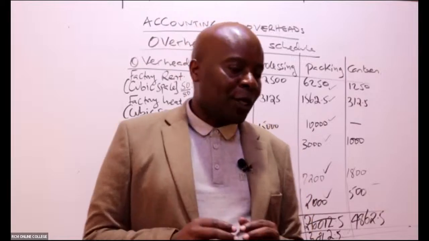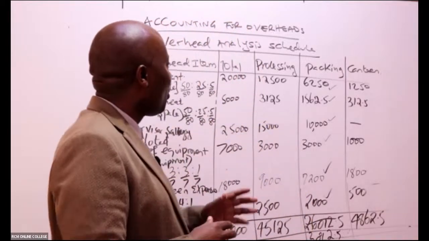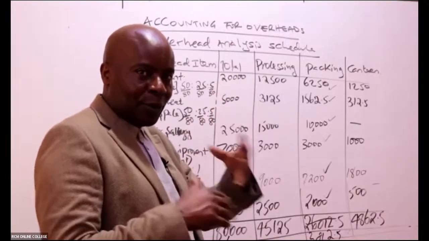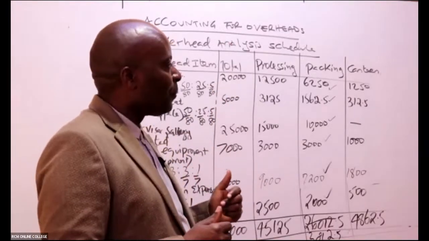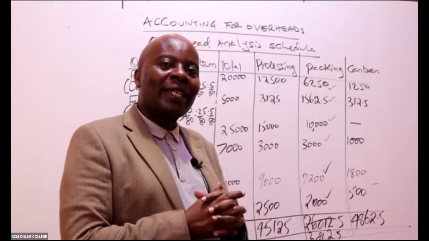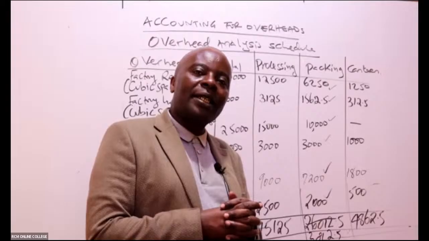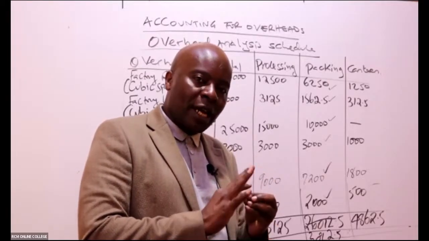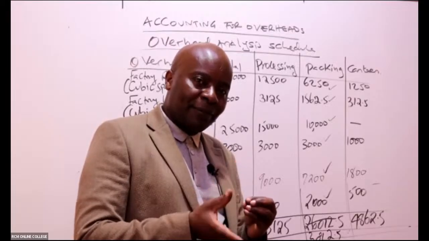If you look at, for example, here, ladies and gentlemen, processing is a major department, because we are processing the goods. Packing here, we are adding value. But when you look at the canteen, it does not come directly close to the products.